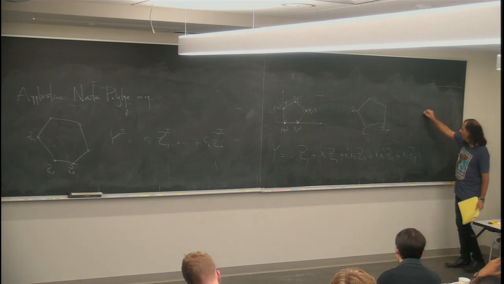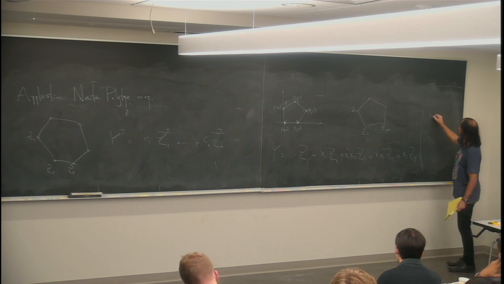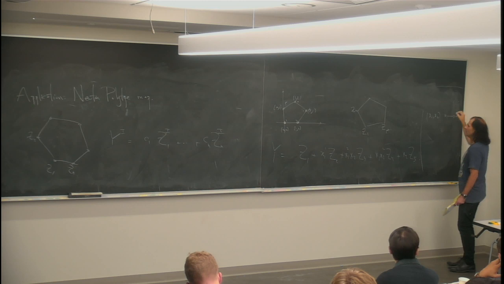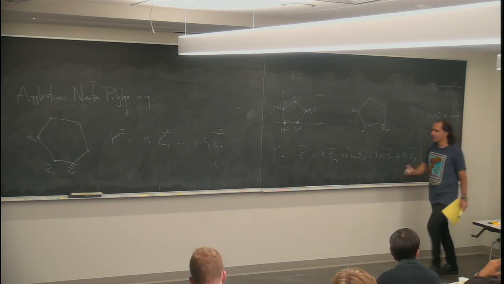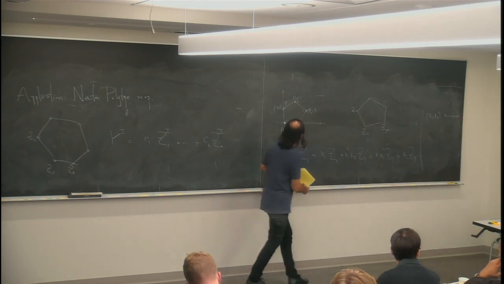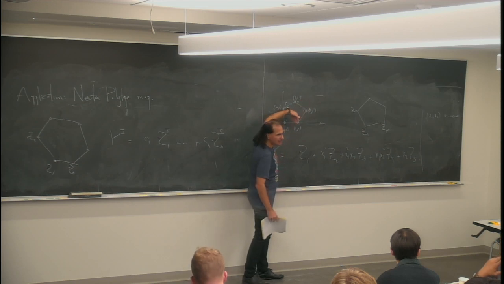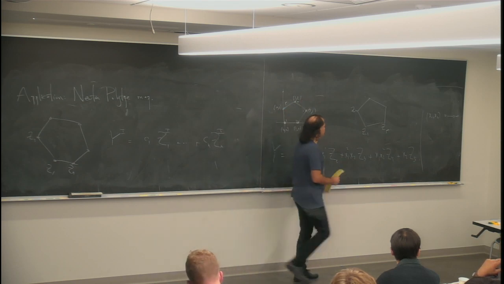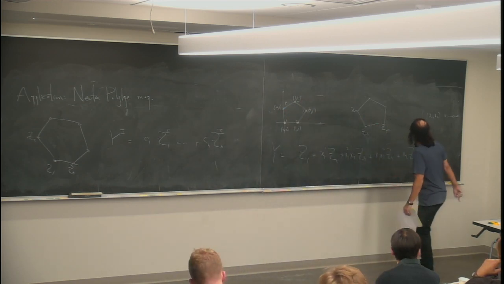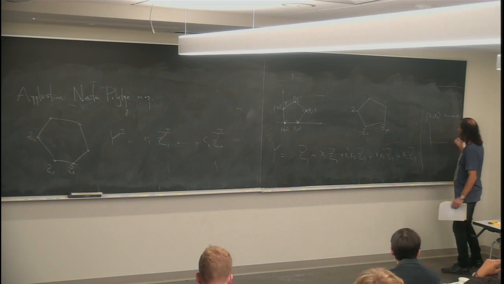Okay? And now the claim is that so long as just x1, x2 go from 0 to infinity, that this map 1-to-1 maps, it sort of foliates the entire inside of this pentagon in terms of these variables that are just positive.